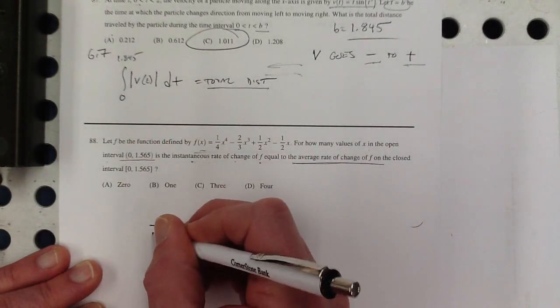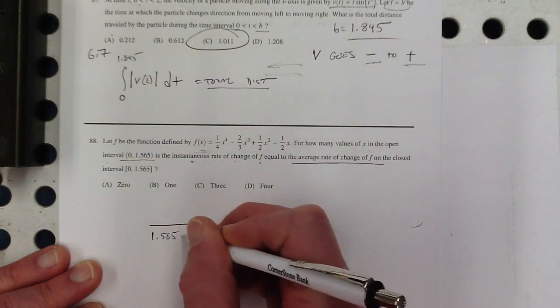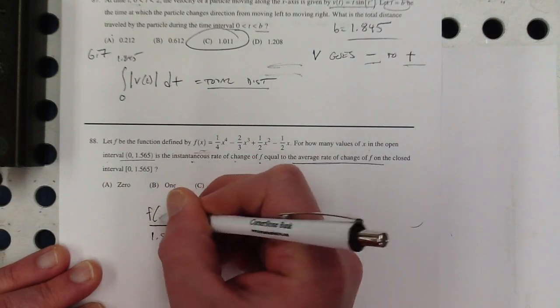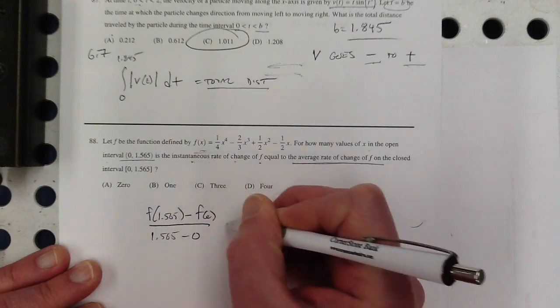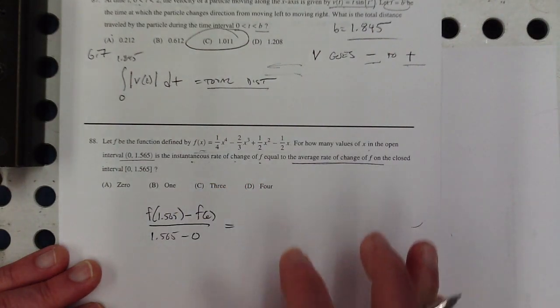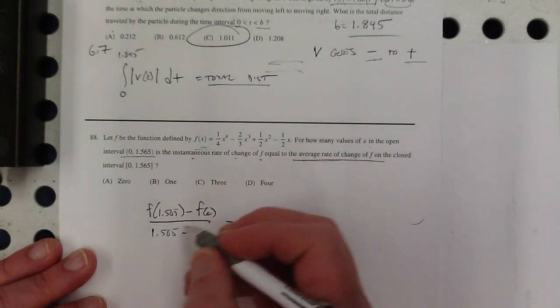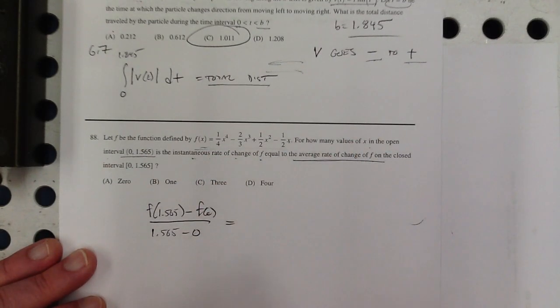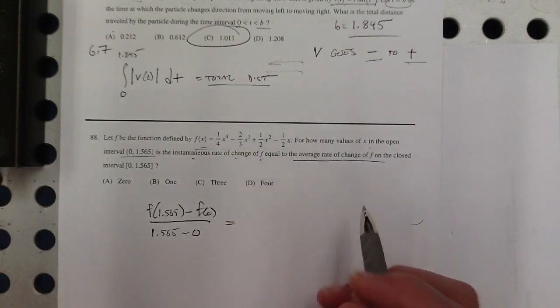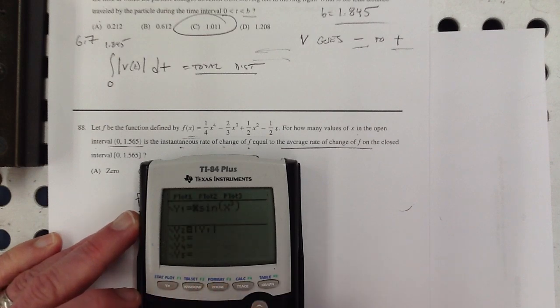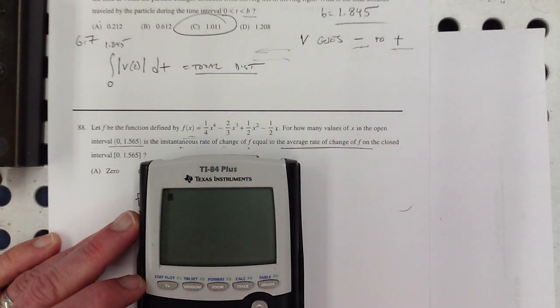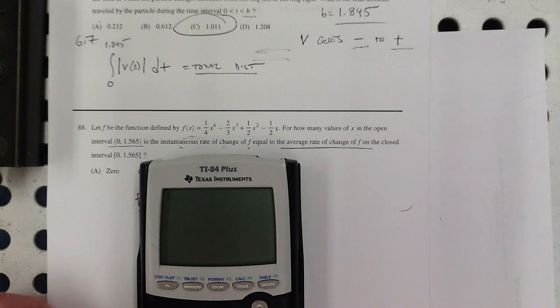So those are my x values. And then I would have to do f of 1.565 minus f of 0. That's how I would find that average rate of change. So these are both 0, right? So if I plug in here 1, here's another trick.